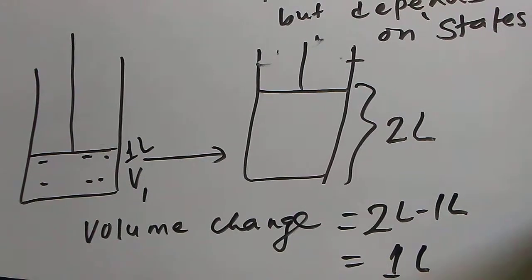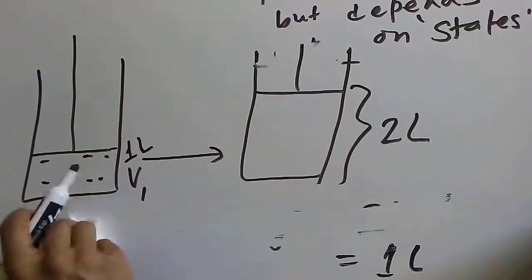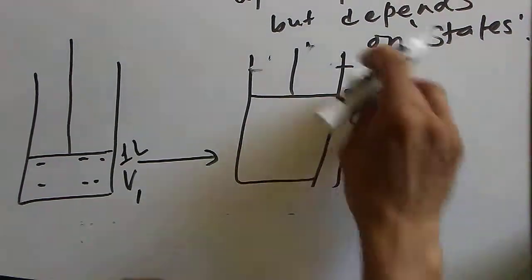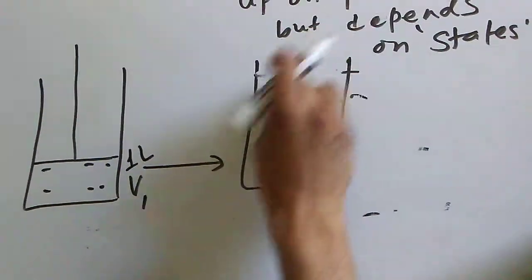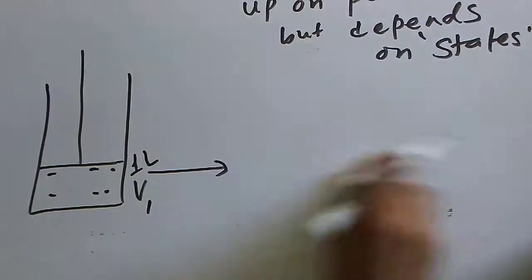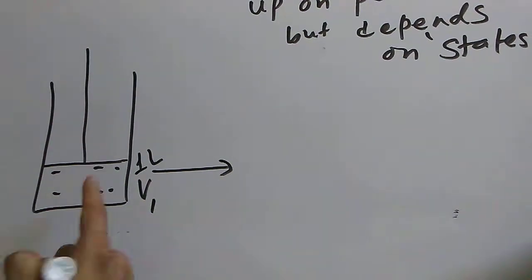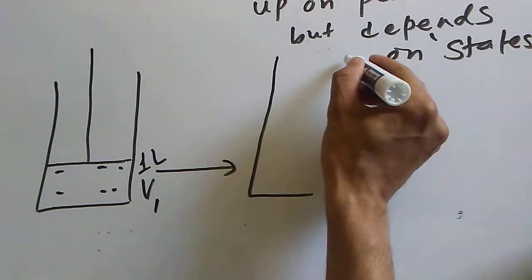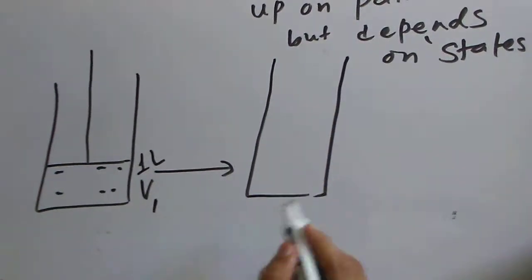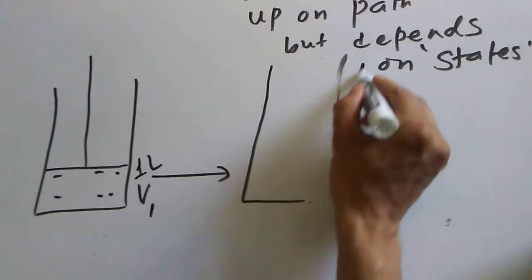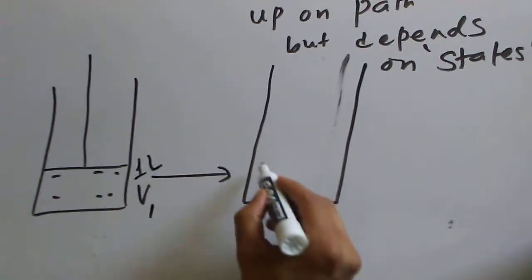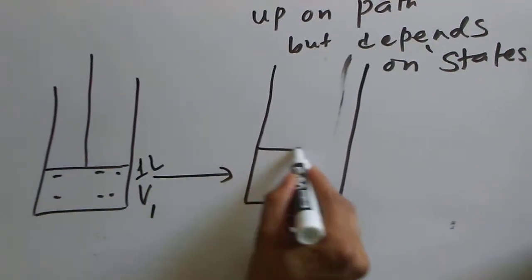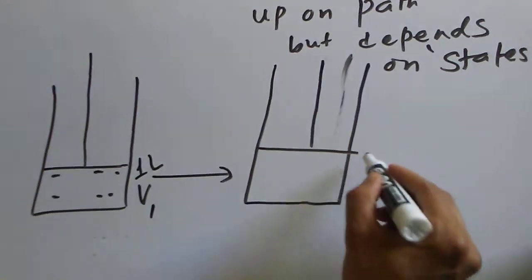Another way, we can expand this gas differently. Let's say we have this gas at the 1 liter mark. Now let's expand this gas in many steps. First, from the 1 liter mark, let's expand this gas to the 1.2 liter mark.